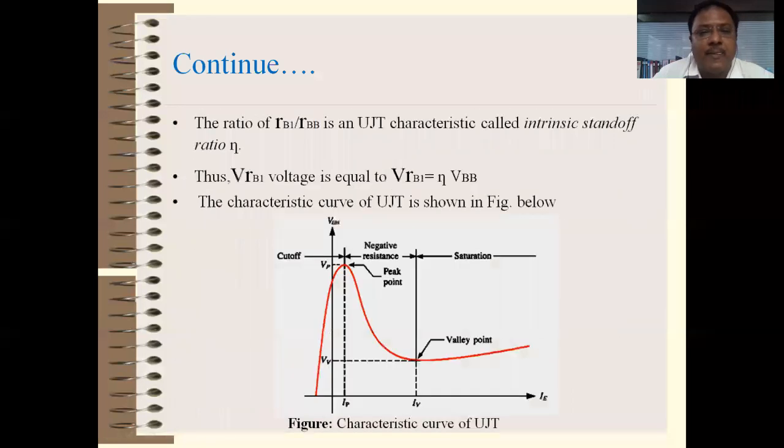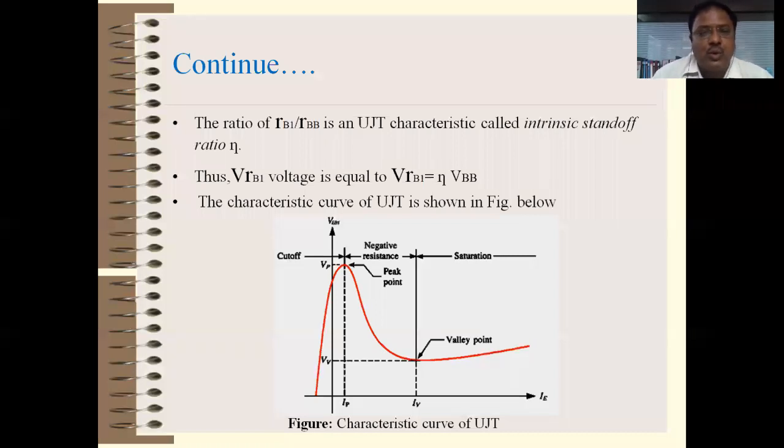Okay, is it visible, this characteristic curve of UJT that is shown in front of you? Is it visible to all? Yes, sir. Okay, because it is not visible for me. Yes, okay, now it is changed.